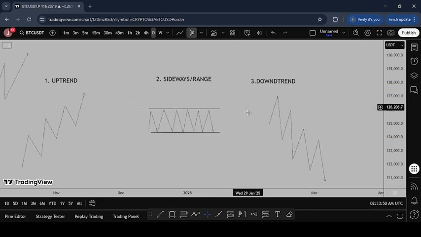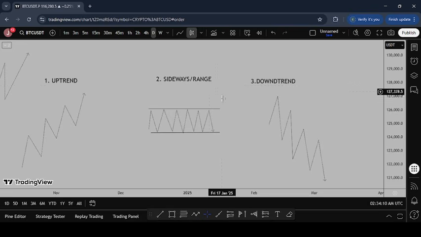So it all depends on how the market wants to make that move. But when you see a break out of the range, then you see particular trends created, maybe an uptrend or downtrend, then you match that with the previous overall structure on higher time frames, and then you're able to catch a move. It's as simple as that.